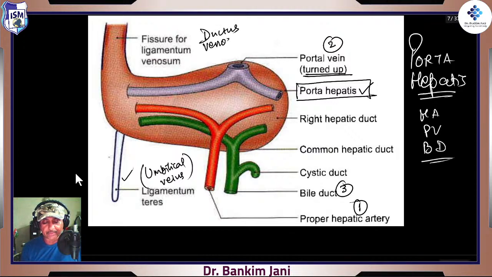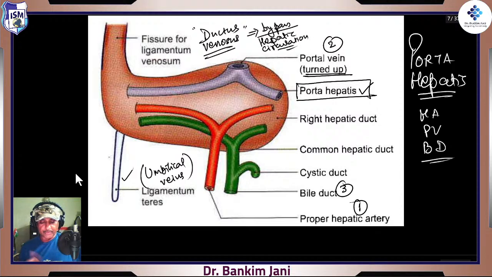Ductus venosus. During our fetal circulation, we talked about how this ductus venosus is everything, because it bypasses the hepatic circulation. Otherwise the liver will eat up the entire oxygen, but the ductus venosus sneaks in the blood, bypasses the liver and puts it into the vena cava, and then it goes to the entire fetus.